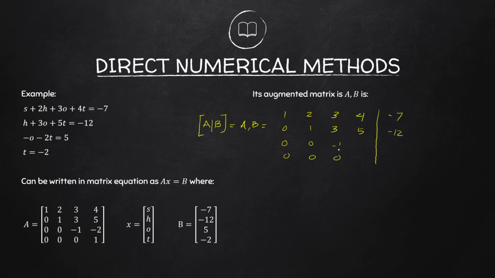This is negative 1, negative 2, 1, and here we have your augmented matrix A, B. So we can solve for the values of the variables here using back substitution. That is an augmented matrix of A and B.